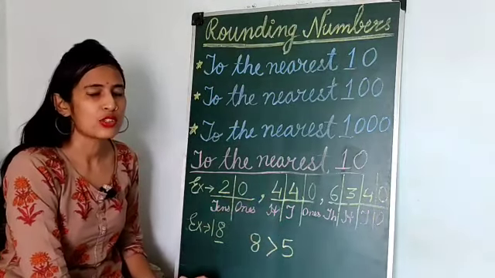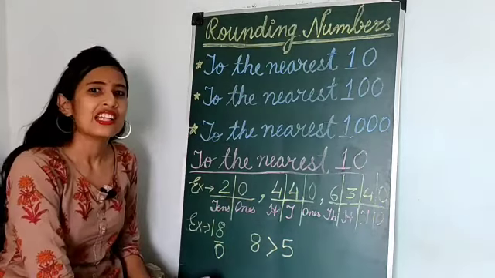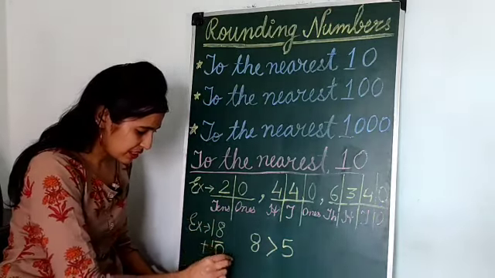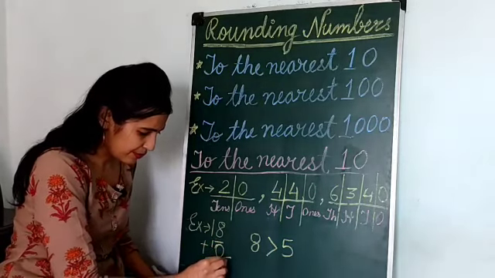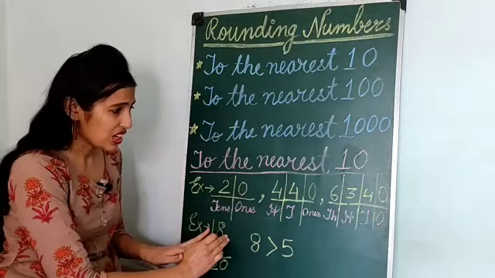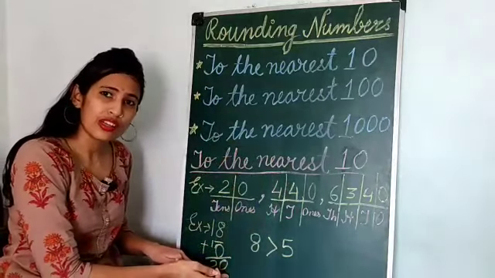In that case, you write 0 in the ones place and add 1 in the tens place. So the number is 20. When we round 18 to the nearest 10, the number is 20.